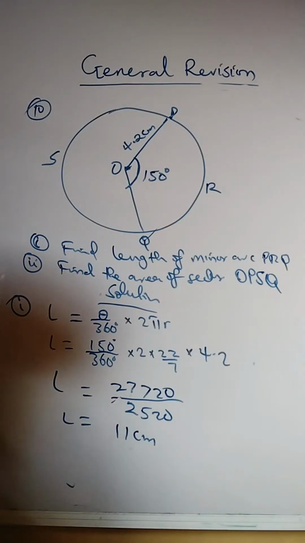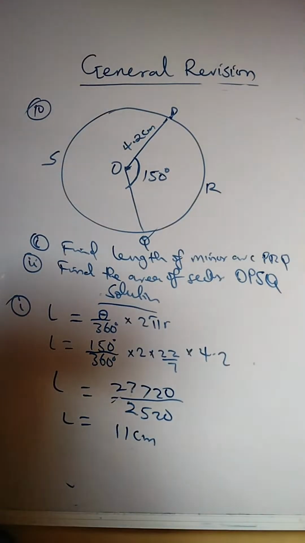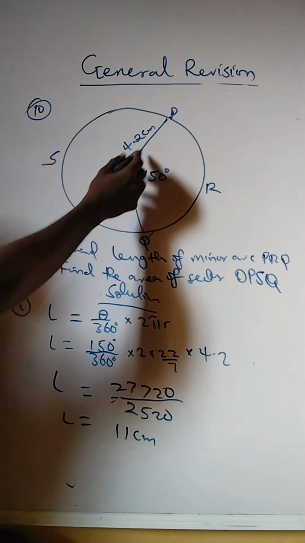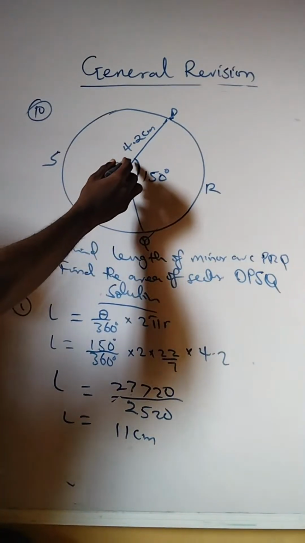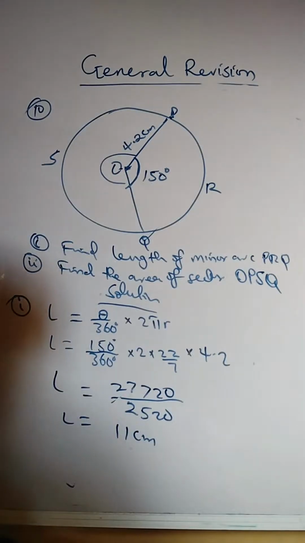Now, what about the second one, which is the area of the sector OPSQ? OPSQ, that's the major sector. And we need to get the angle of the major sector here. That will be 360 degrees minus 150 degrees.